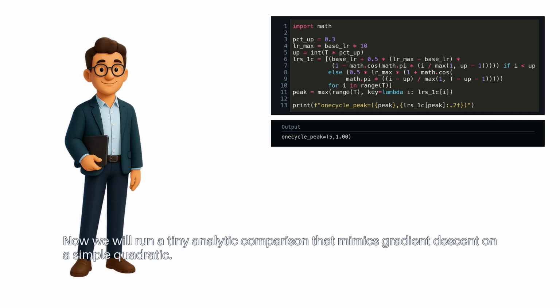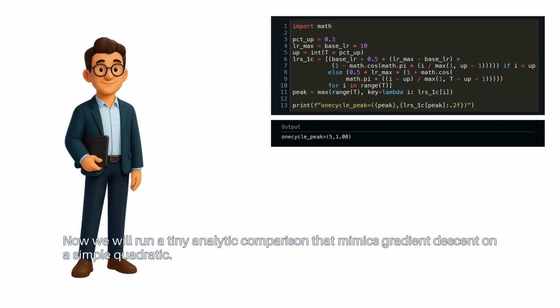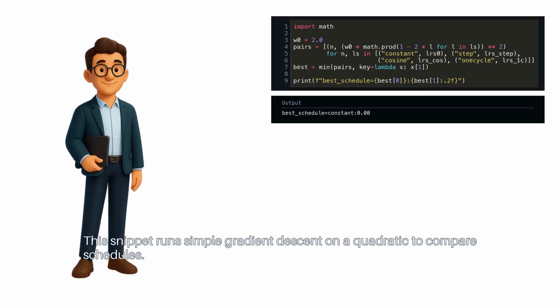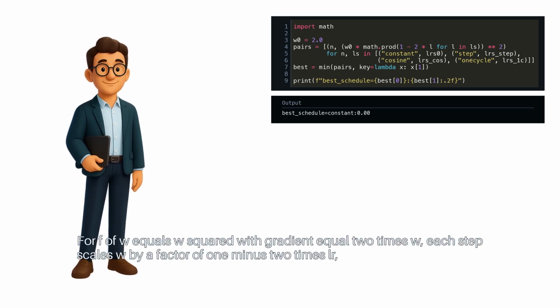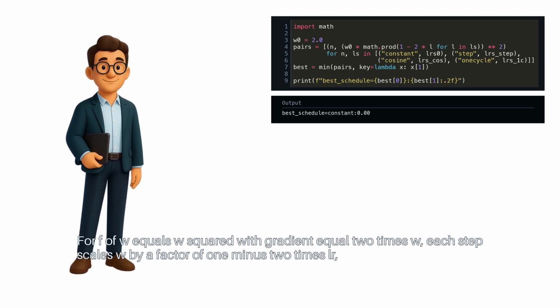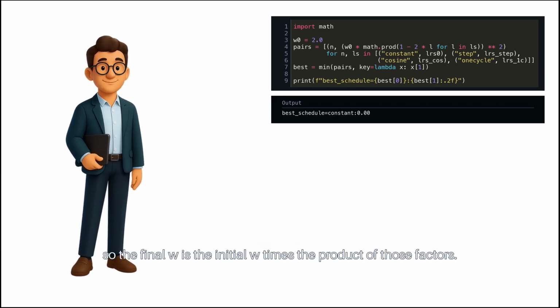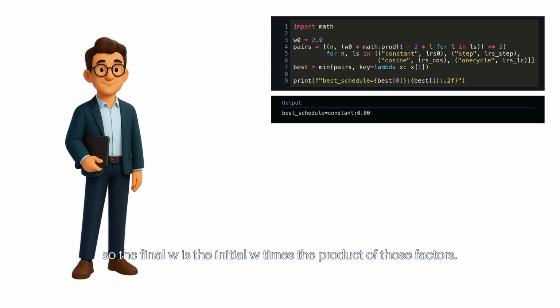Now we will run a tiny analytic comparison that mimics gradient descent on a simple quadratic. This snippet runs simple gradient descent on a quadratic to compare schedules. For f of w equals w squared with gradient equal to 2 times w, each step scales w by a factor of 1 minus 2 times LR. So the final w is the initial w times the product of those factors.